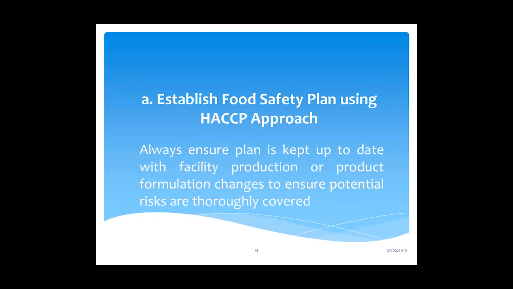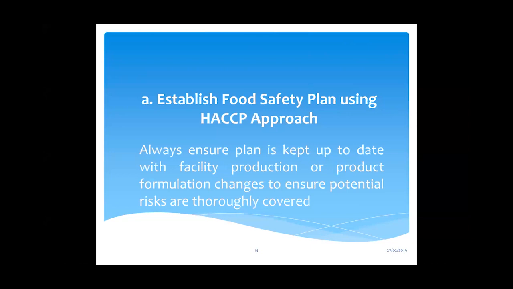First off, I'd like to mention that whether it's a startup, a medium enterprise, a large business, or a small enterprise, whatever category of food business it is, it is very crucial to have a very well-established food safety plan using the HACCP approach, where CCPs, which stands for critical control points, are strictly identified and monitored. It is also important to always make sure that the plan is kept up to date and current.